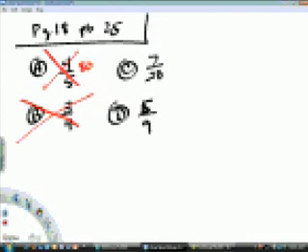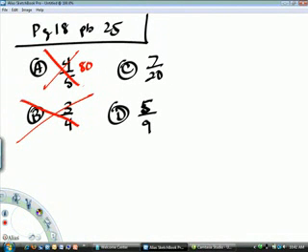Okay, so the other ones, I know that 4/5 is 80%. Because if you break up 100% into 5 parts, each piece is 20%, so 4 of them would be 80%. So that can't be an answer. It's not a repeating decimal. It could be C or D. We won't know till we divide it out.